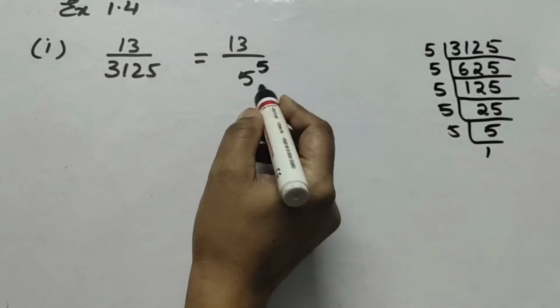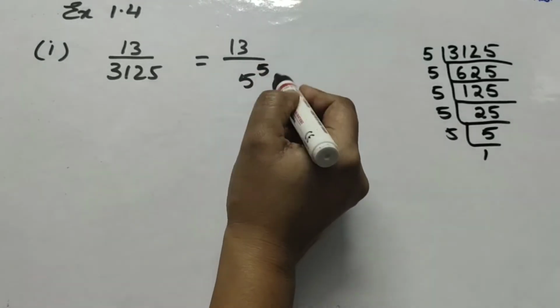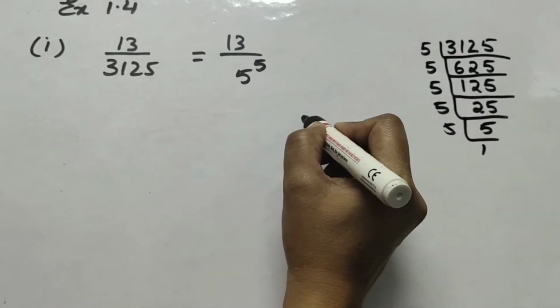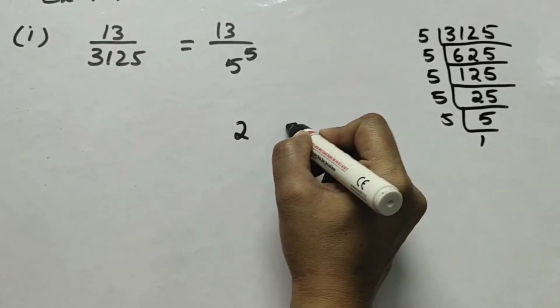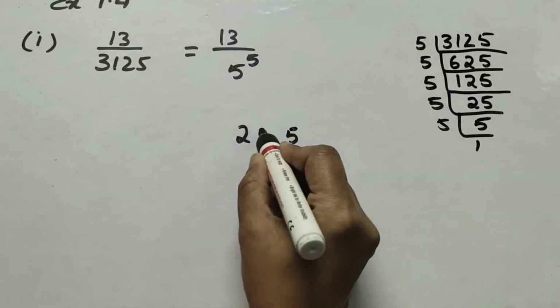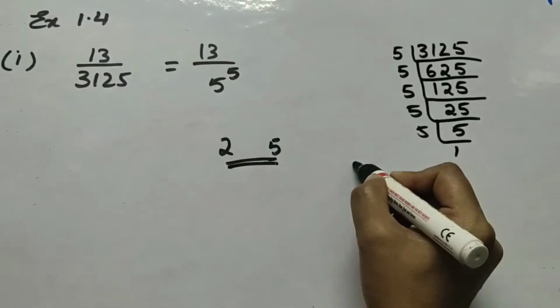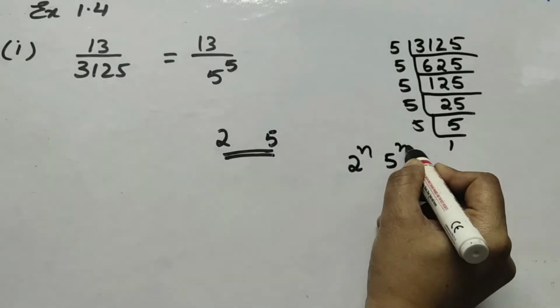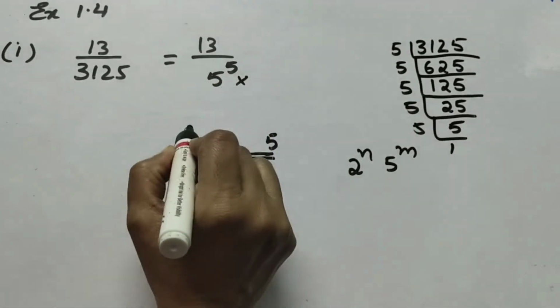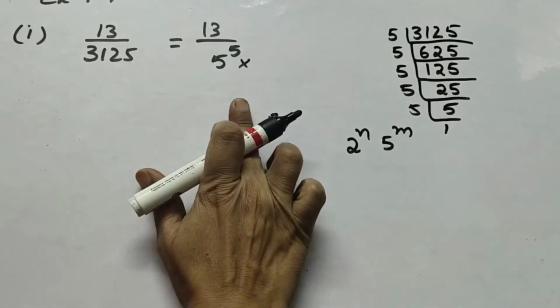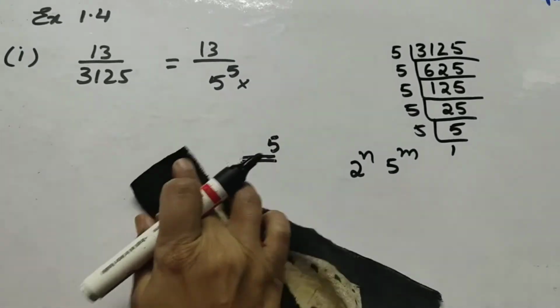So since the denominator is in terms of a power of 5, it can be in terms of powers of 2, or powers of 5, or it can have both. What do you mean by this? Suppose here, do you have 2? Do you have a term in terms of 2? Yes, there is.